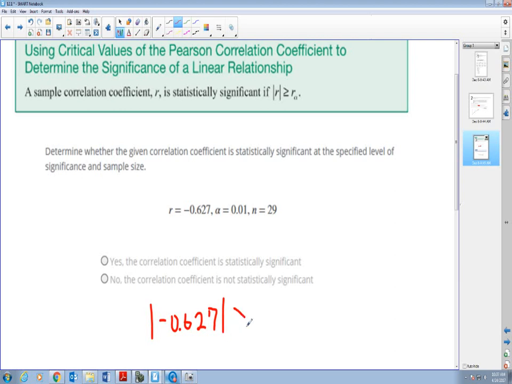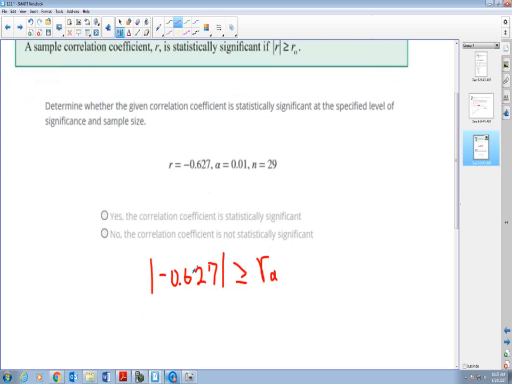It has to be greater than or equal to this R sub alpha, the Pearson correlation coefficient. If it's greater, then it is statistically significant. Anything in absolute value is positive, right? So that's 0.627.